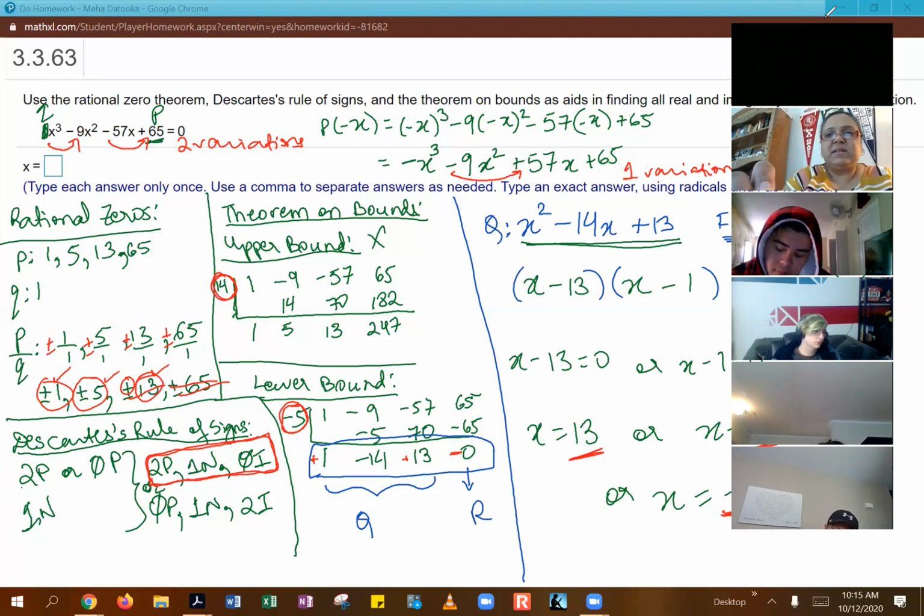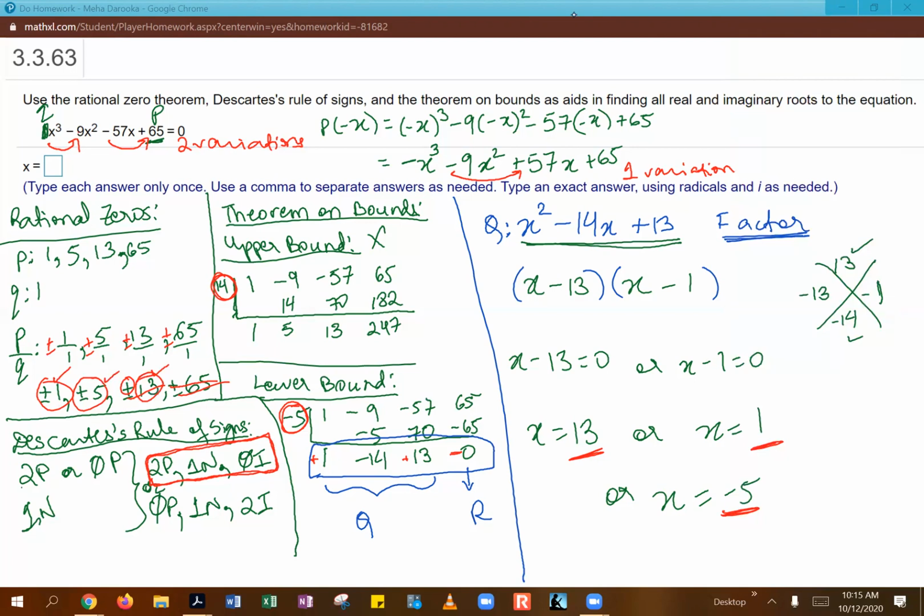So this is in a way a simpler example, because all of the answers we came up with were part of our rational zeros. But like I said, that's not always going to be the case. All right, so let's go ahead and plug these answers in. So we've got negative 5, positive 1, and positive 13.